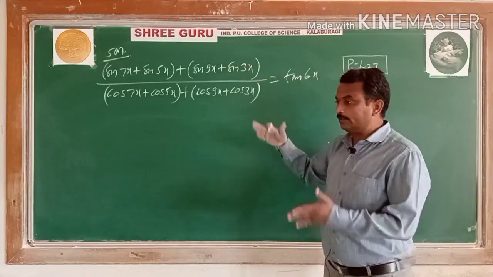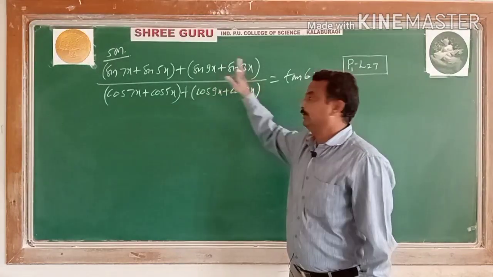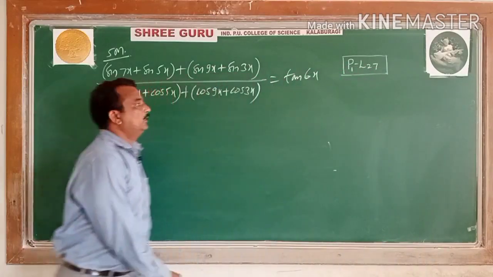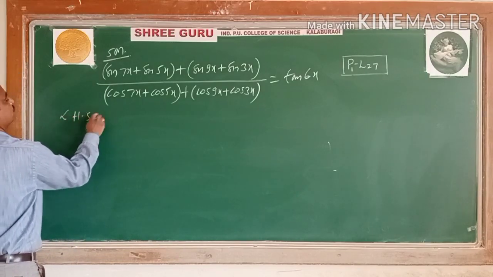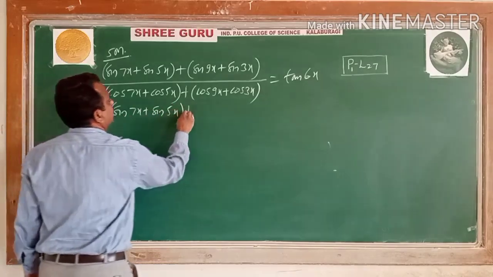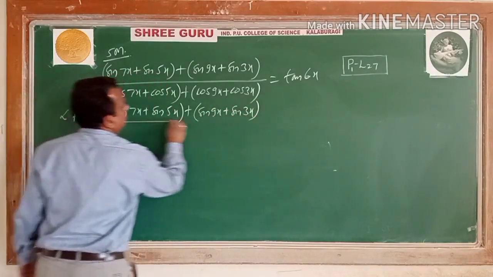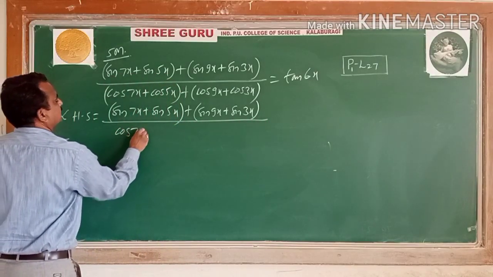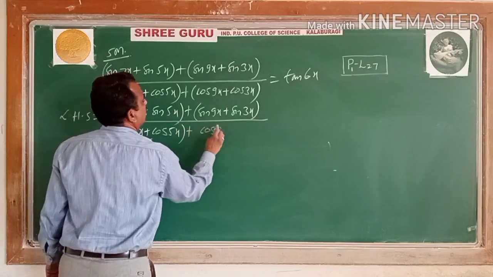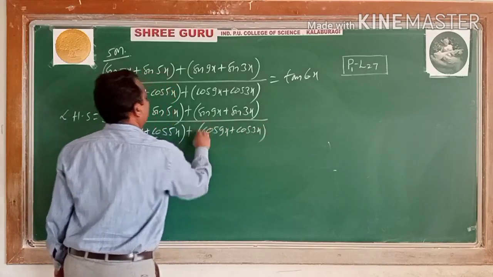He may give it like that also, but in the textbook he has given it like this: sin 7x plus sin 5x plus sin 9x plus sin 3x divided by cos 7x plus cos 5x plus cos 9x plus cos 3x. Let us take this as the LHS.